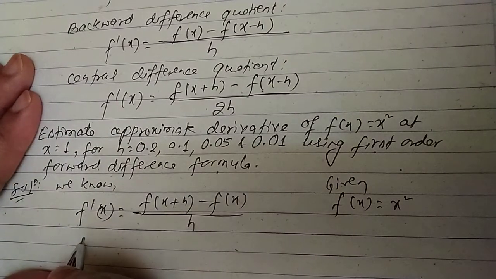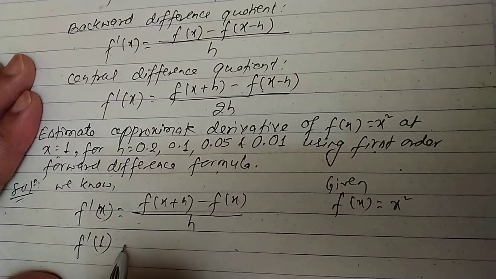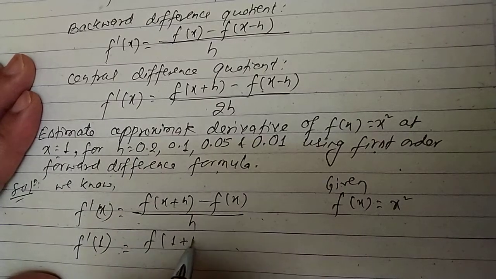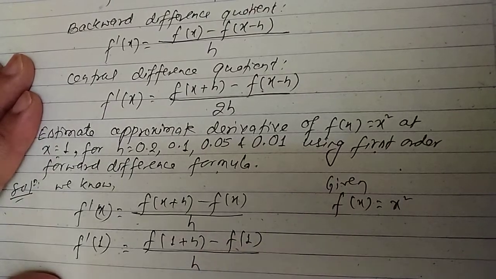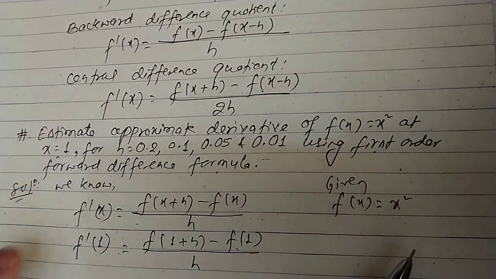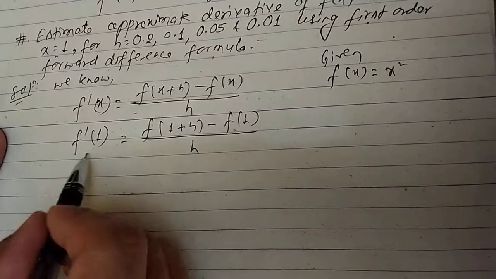So you need to find the first order derivative at x equals 1 as said in the equation. It will be equal to f of 1 plus h minus f of 1, whole upon h. So for different values of h, calculate it. Okay, you can do it. So let us do it by using a table.